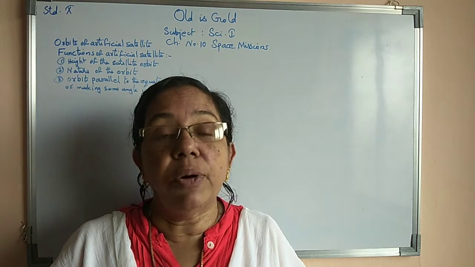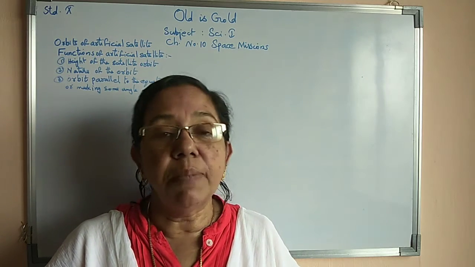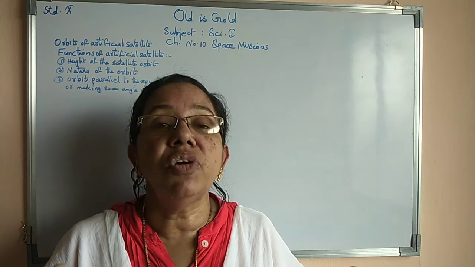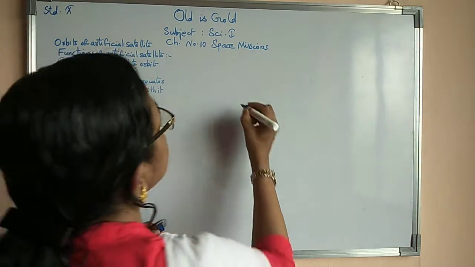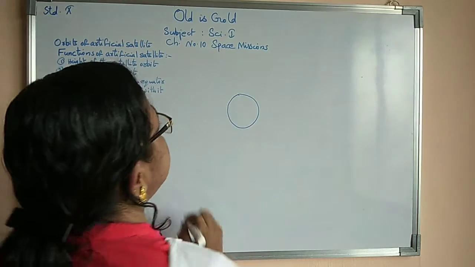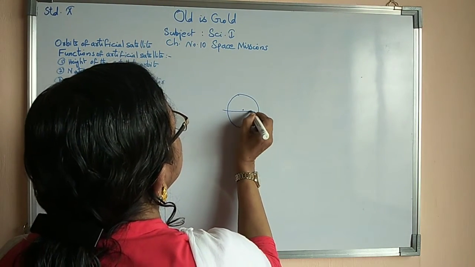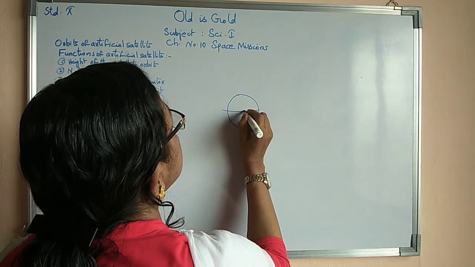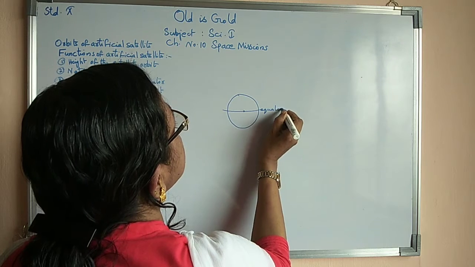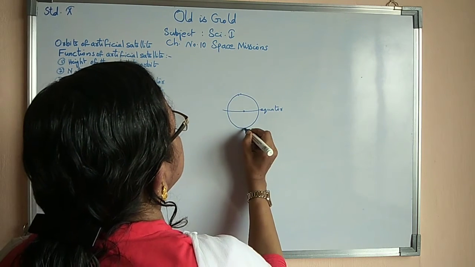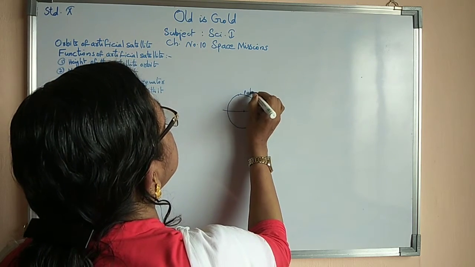Now all satellites won't revolve in the same way; all won't have similar types of orbits. For example, imagine this is the earth, this is its center, this is the equator, and these two are the poles of the earth.